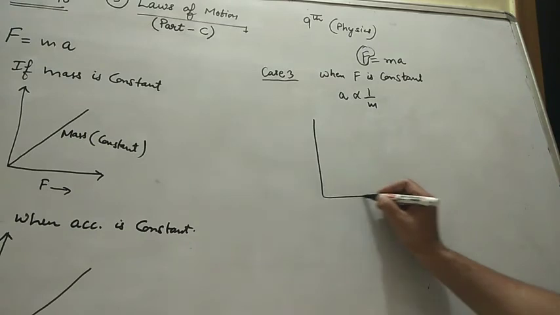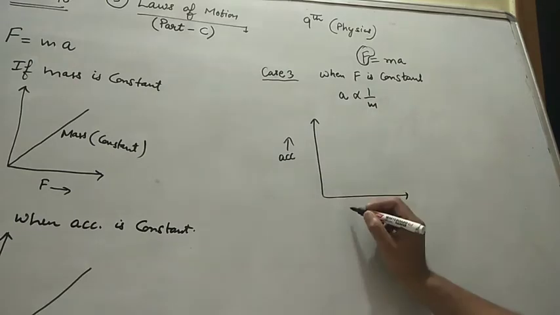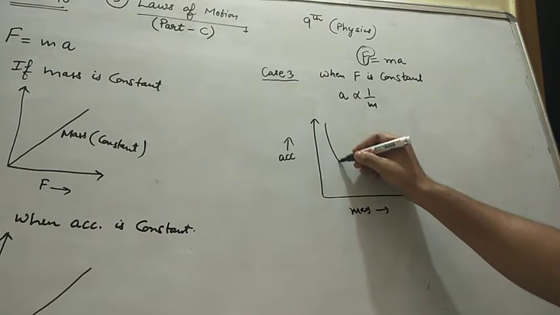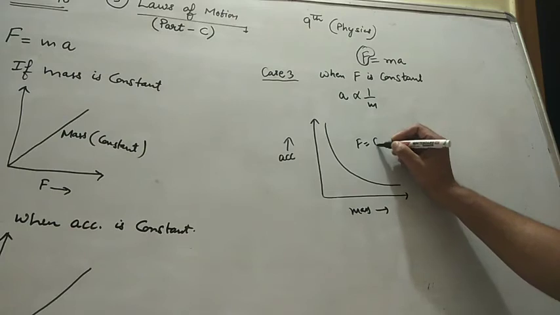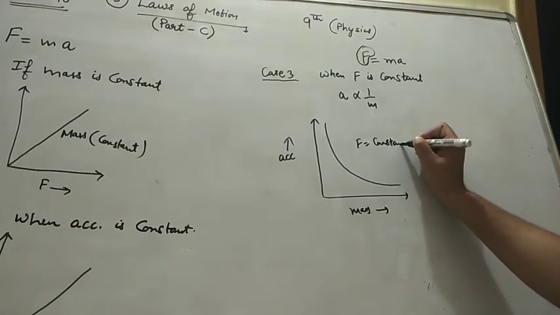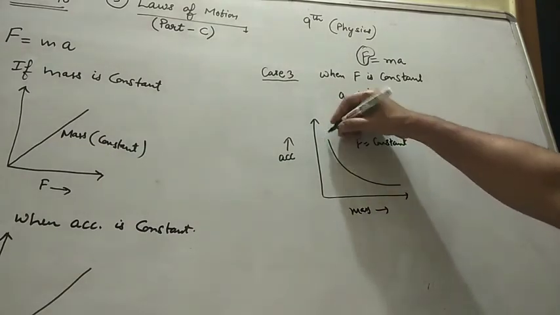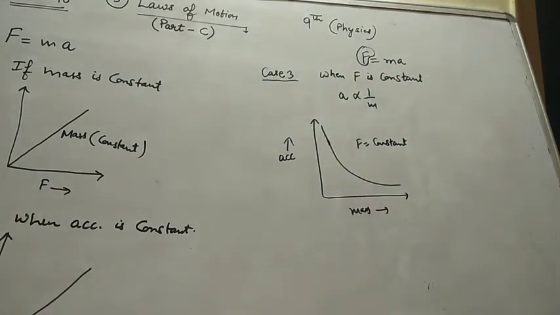In that case the acceleration versus mass graph will be in this way. Force is constant, so this kind of graph you will get when the force is constant. And then there are examples of the second law of motion in daily life.